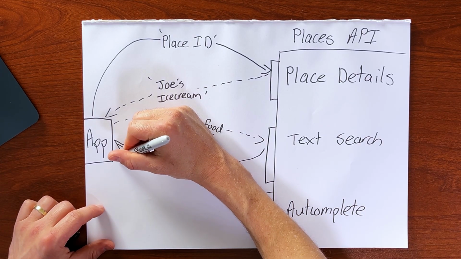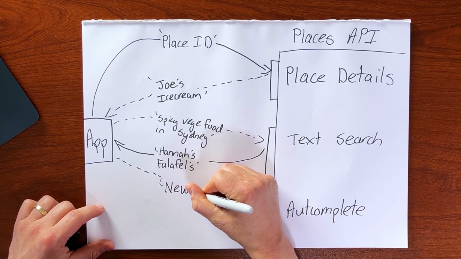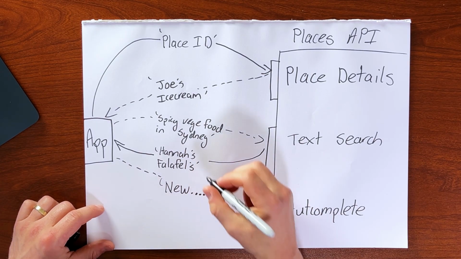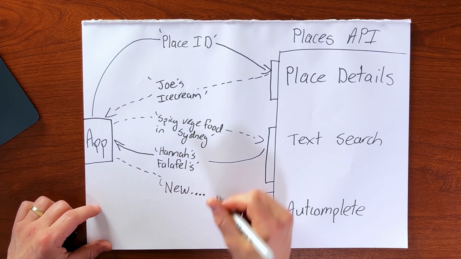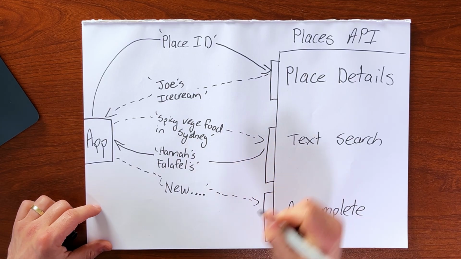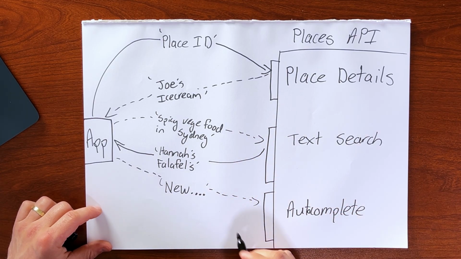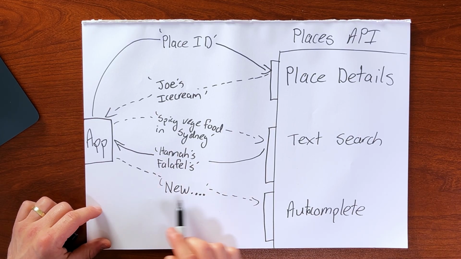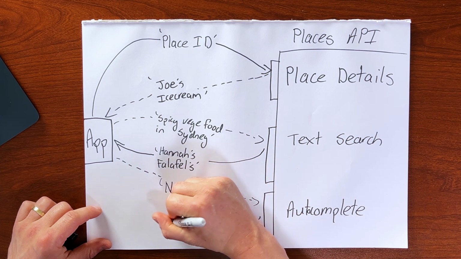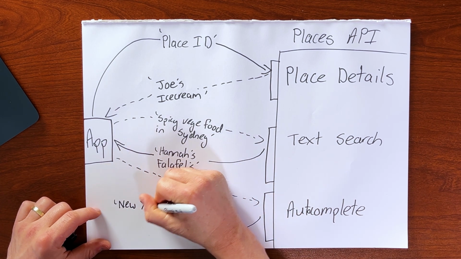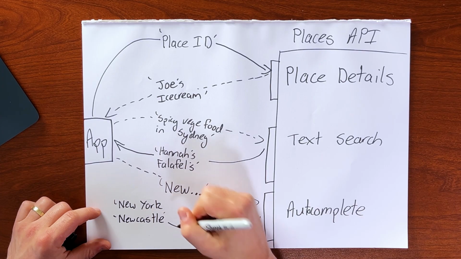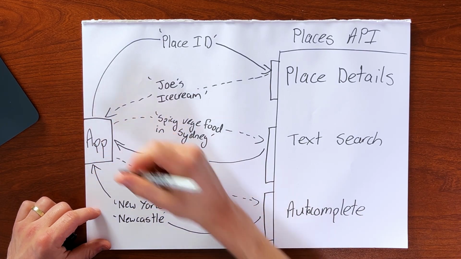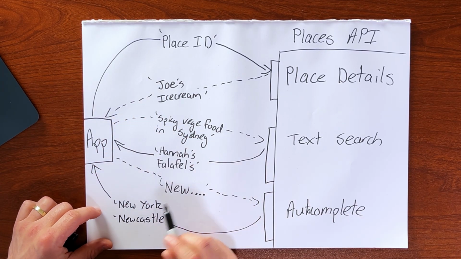It wants us to provide potentially a partial incomplete piece of text, what you might hear called in API world a text string. A string is literally just a little bit of text like this. So we might provide here a partial text string, and what the autocomplete is going to do is try to complete this bit of text, and send that back to our app. So it might give us, you know, New York or Newcastle, right? It's going to give us the best guess at what it thinks we were trying to say.